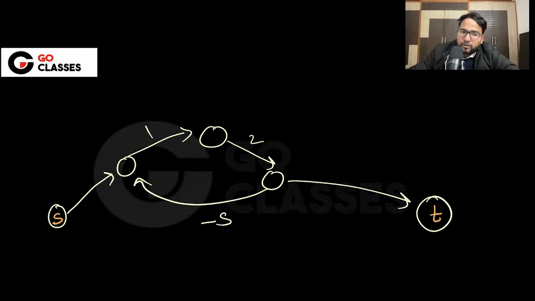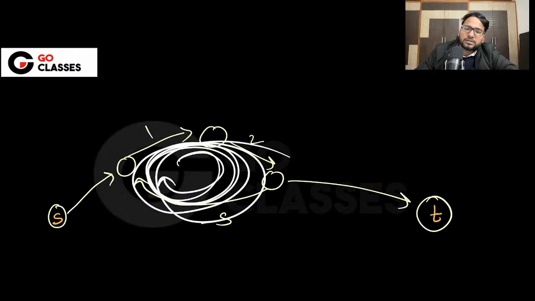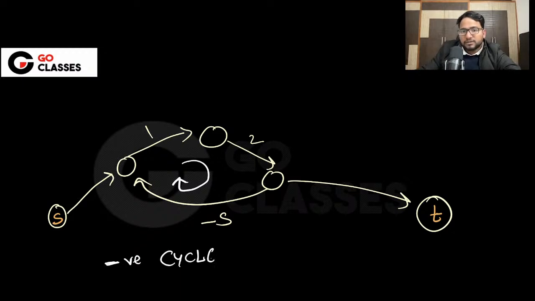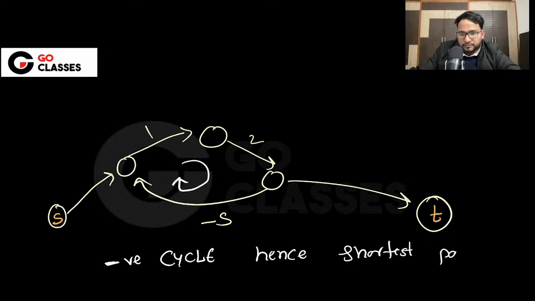You want to find the shortest path from S to T. Then if there's a negative cycle, you can keep on revolving here and keep on decreasing the cost. This is a negative cycle. Hence, the shortest path from S to T doesn't even exist.